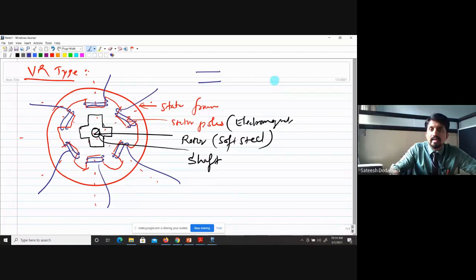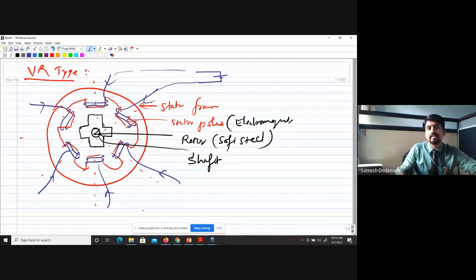Here maybe a DC type of supply will be given, and that supply will be given with some arrangement. So ultimately each winding carries current, and accordingly these electromagnets get energized. That means magnetization will be produced.